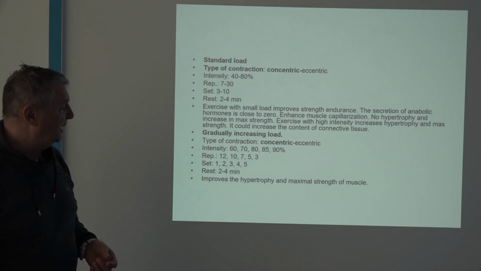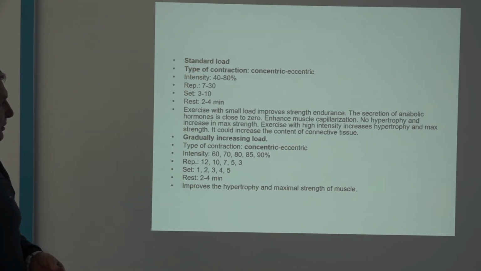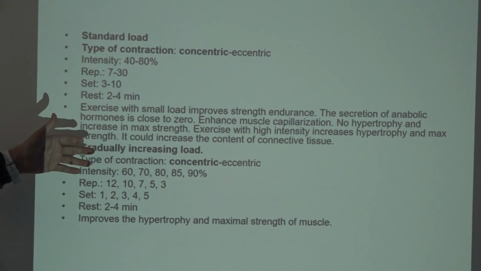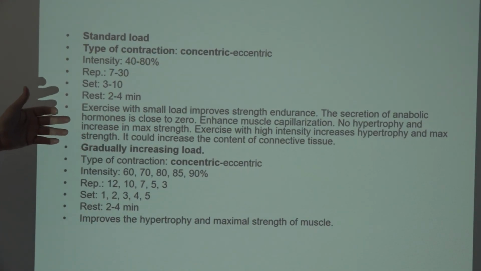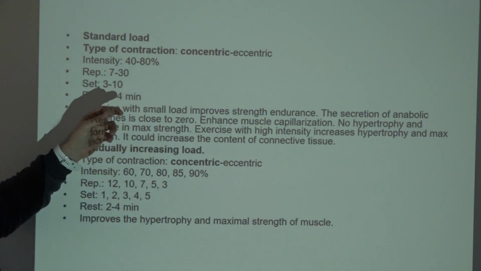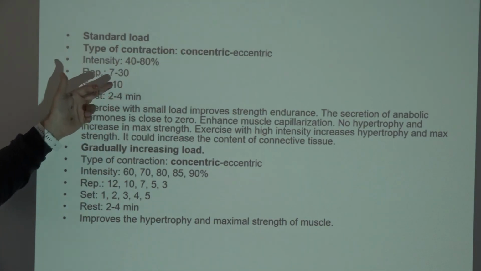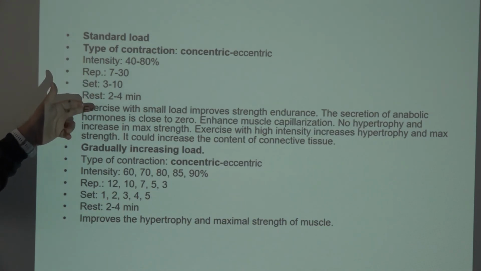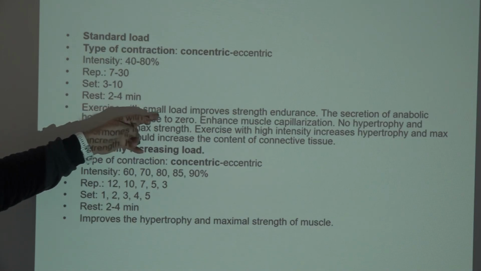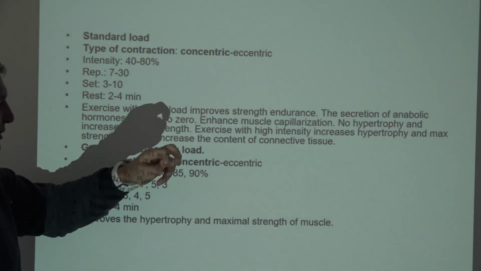Here you can see the summary of different kind of strength training, always given the type of muscle contraction, concentric or eccentric, the intensity, repetition, set number, rest, and you can see the effect. As an example, exercise with small load improves strength and endurance.